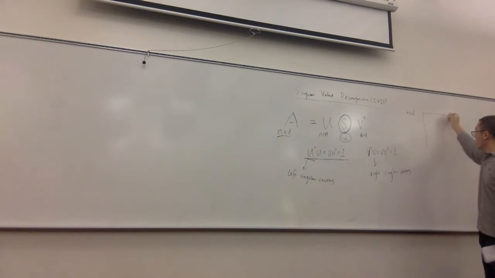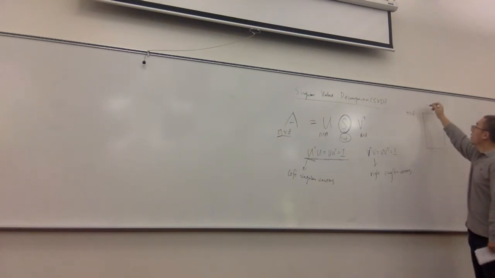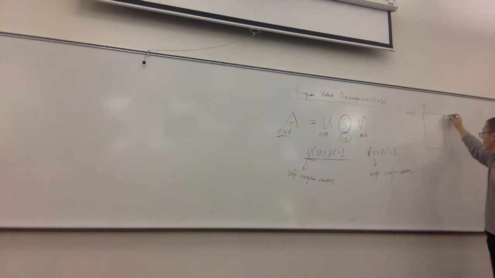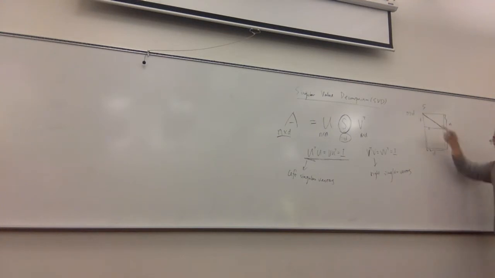Then the whole S will look like a refrigerator, with n rows and d columns. Since S is a diagonal matrix, we can cut out the top d by d submatrix, the upper part of this matrix. All the non-zero elements of S lie on the diagonal of this d by d submatrix.